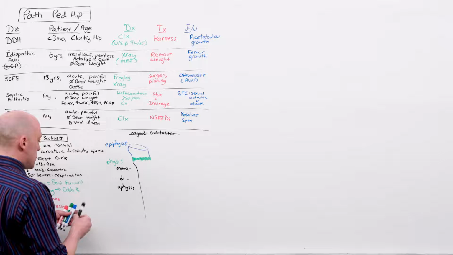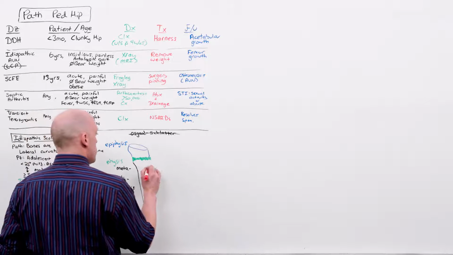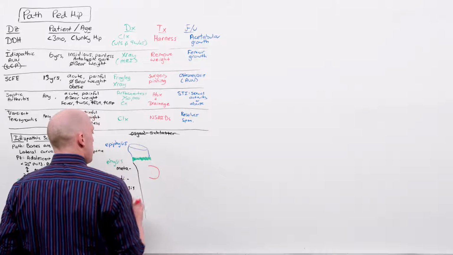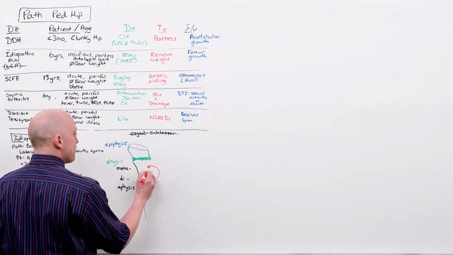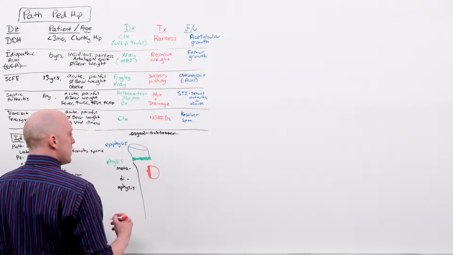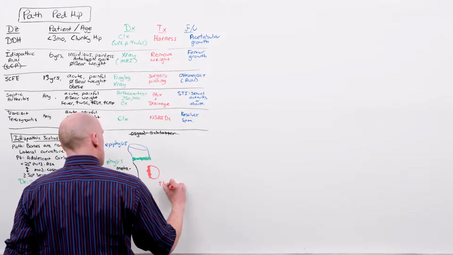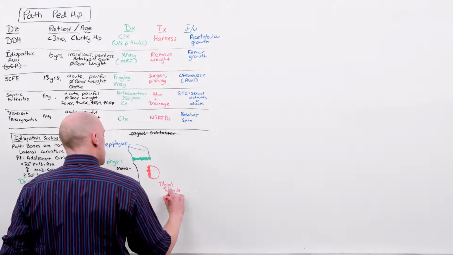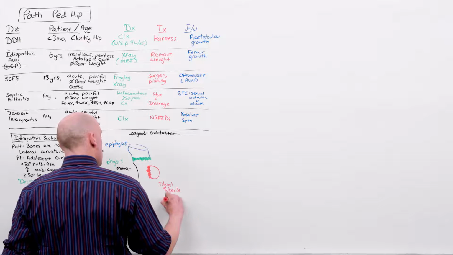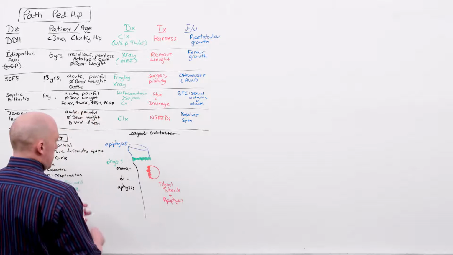The proximal tibia has another secondary ossification center, and it has a connection to the proximal tibia. This is the tibial tubercle, and its physis is called the apophysis.